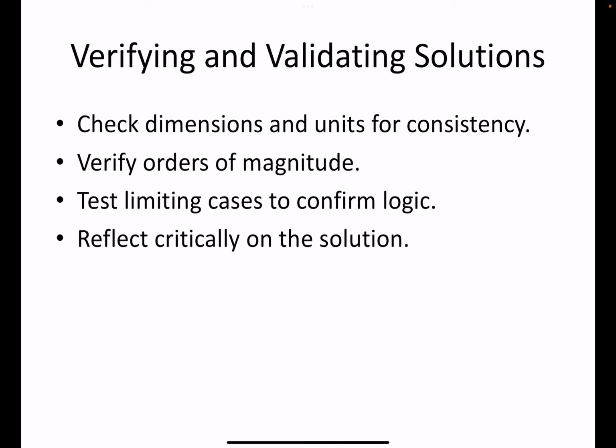Is your answer reasonable? If you calculate the mass of an airplane to be 5 kilograms, you have probably made a mistake somewhere. Then we can test limiting cases. This is a powerful technique. If your equation describes motion on a ramp, what happens if you set the angle to 0? Does your formula simplify to the case for flat ground? It should, right? This critical reflection is what builds true expertise.